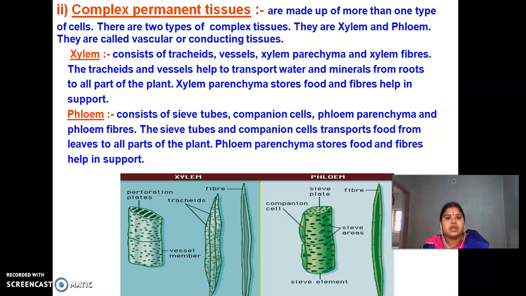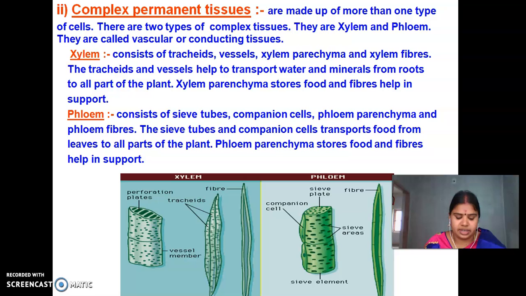Phloem consists of sieve tubes, companion cells, phloem parenchyma, and phloem fibers. The sieve tubes and companion cells transport food from leaf to all parts of the plant. Phloem parenchyma stores the food and phloem fibers help in support. Okay, these are the complex permanent tissues. It's very easy.